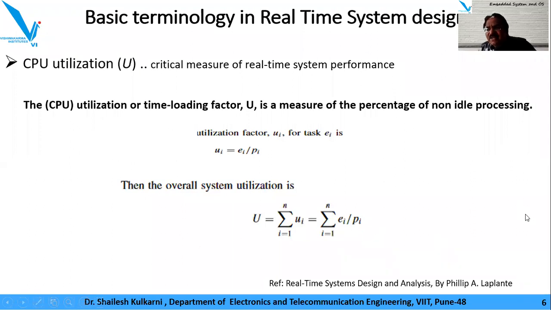From this equation, it is understood that if, for example, Pi happens to be 10 microseconds, and the execution time of that task for the defined period is also 10 microseconds, what does it indicate? It's 10 microseconds divided by 10 microseconds, it's 100% utilization.